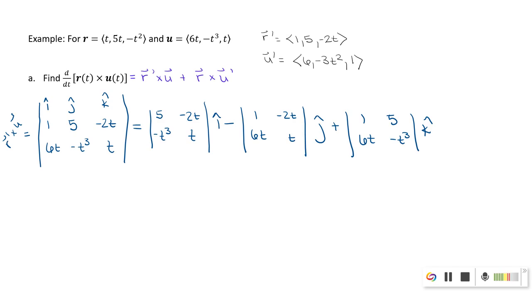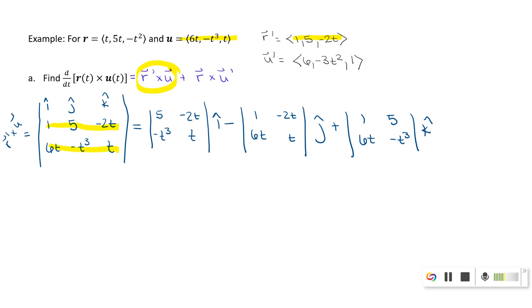So I'm going to start by finding r prime cross u. And so I went ahead and built my determinant. I put r prime directly underneath the i, j, and k, and then I took u and put that in the third row.